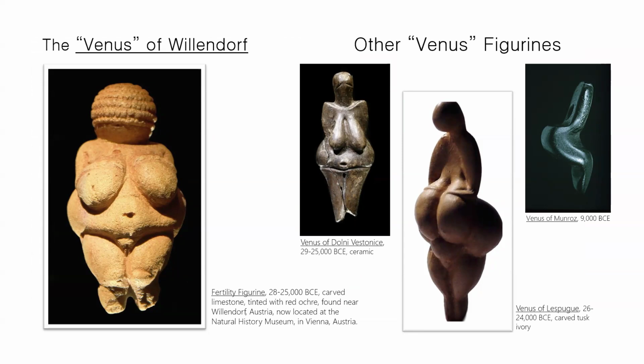We can only guess, and one of the main theories is that they are about fertility, because they seem to accentuate the mothering and birthing parts of female anatomy, emphasizing that purpose, since they seem to be about being well fed and being fertile. That is one guess as to what they are about.